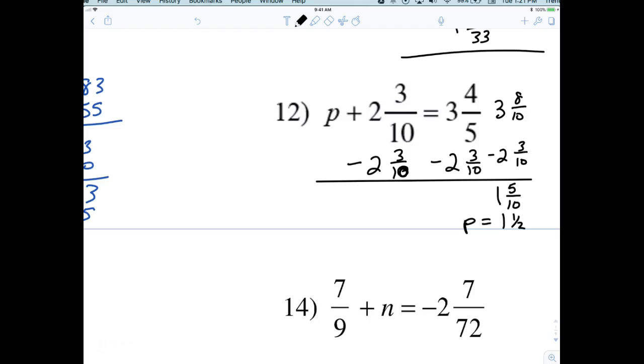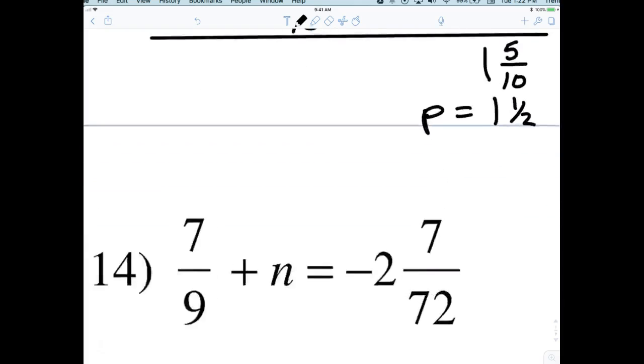Generally what I tell kids is, if it's already mixed fractions, leave it as a mix. If it's improper, leave it as improper. Nothing's going to be marked wrong if you got the right answer and I have it as improper, but you wrote it as a mix. Hey, come on, I'm working. You get to work.